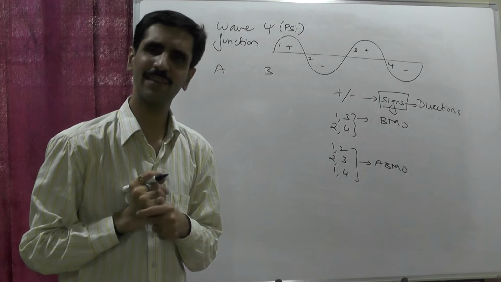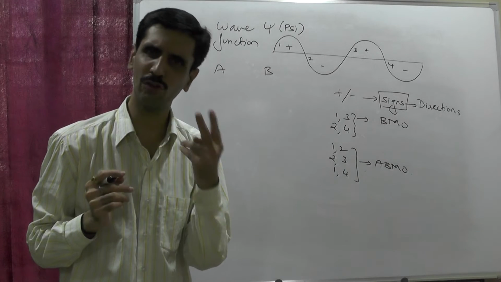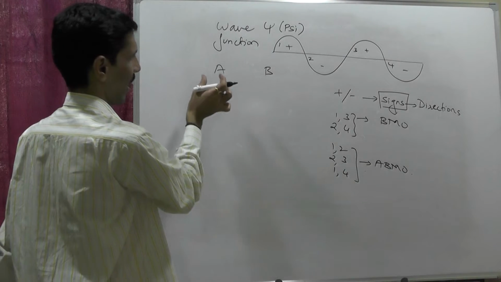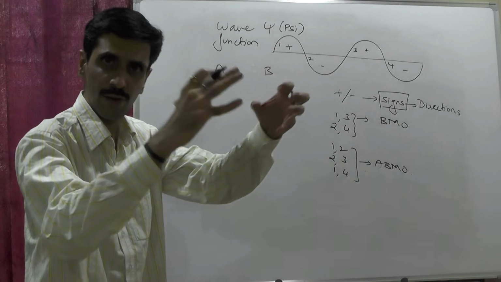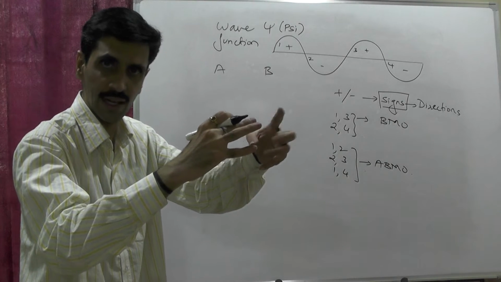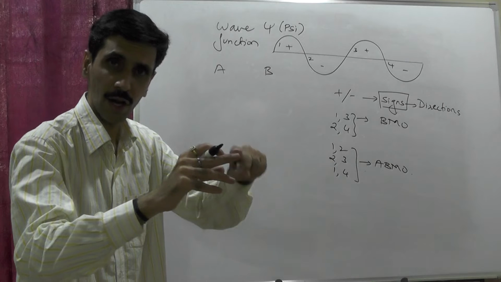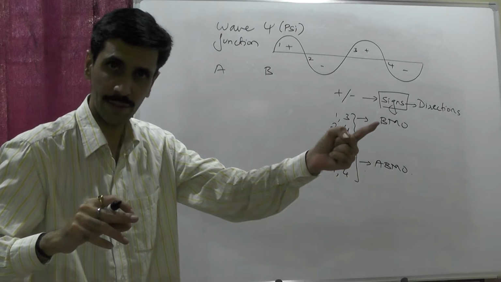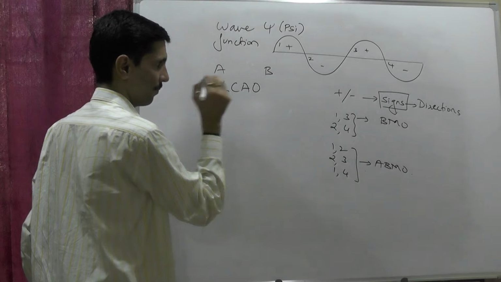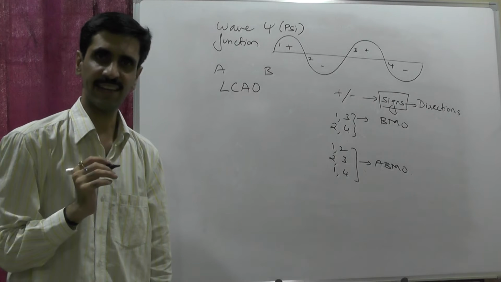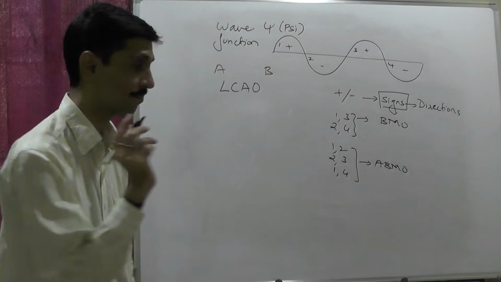So let us have a simple hydrogen molecule. A hydrogen molecule is the H2 molecule. There are two hydrogen atoms, so let us consider those two hydrogen atoms as A and B. When the wave functions of these orbitals combine, they will give you a bonding molecular orbital as well as an anti-bonding molecular orbital. According to LCAO, how can the wave functions be represented? What is LCAO?